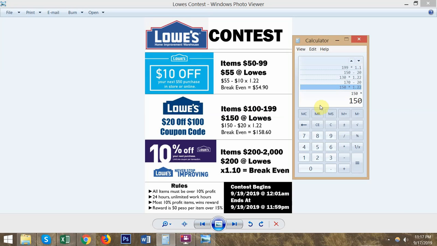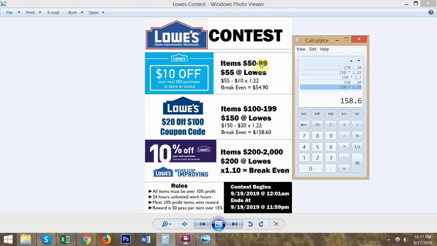Now if you did 150 times 1.1, that is totally fine, but that is not completely accurate. 150 minus 20 times 1.22 is a few dollars off, a few percent off also. And that is not good when we're trying to be as accurate as possible.